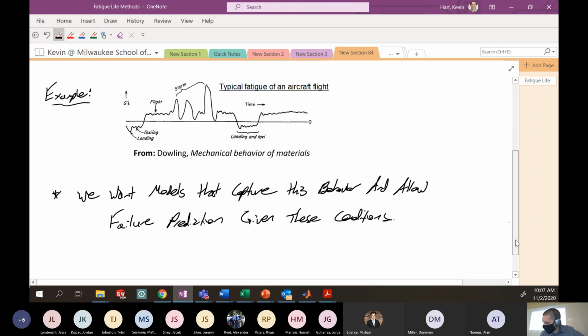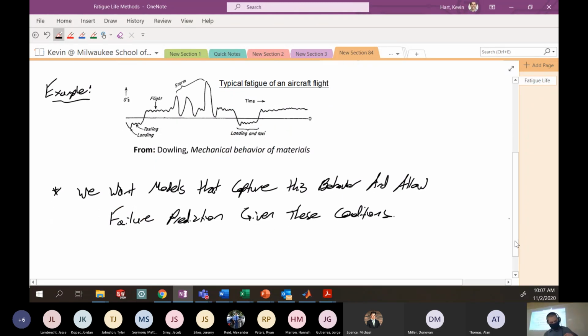And the reason we want these models is because typically materials that fail in fatigue fail way below their yield stress.